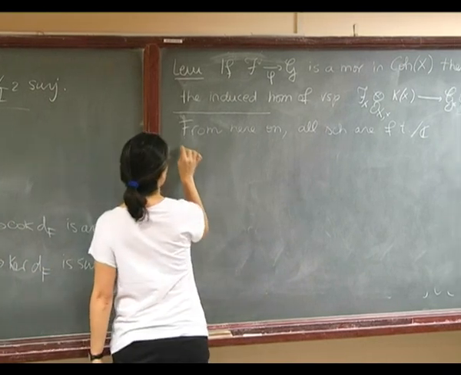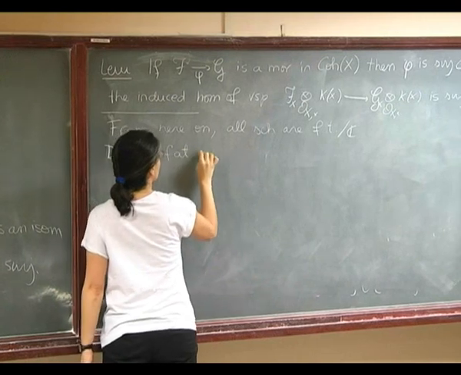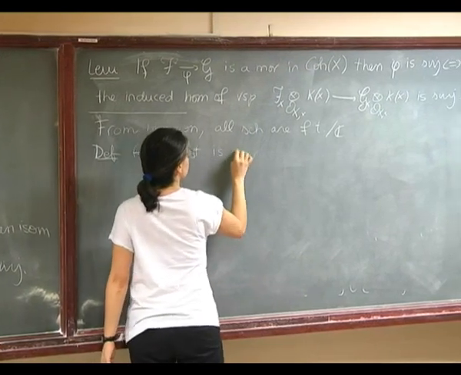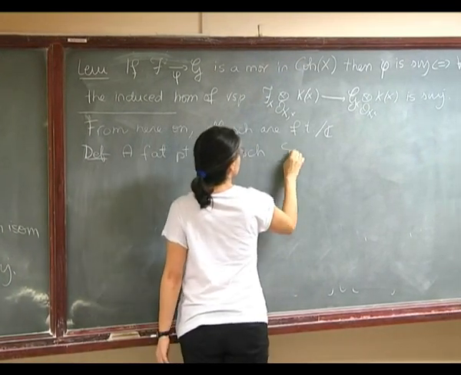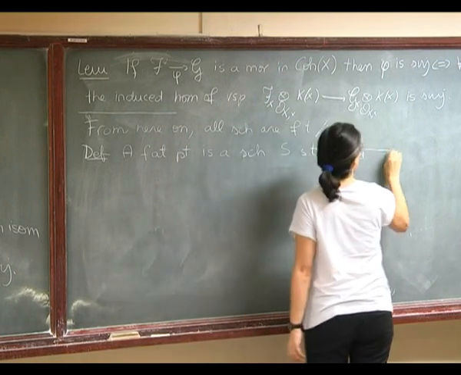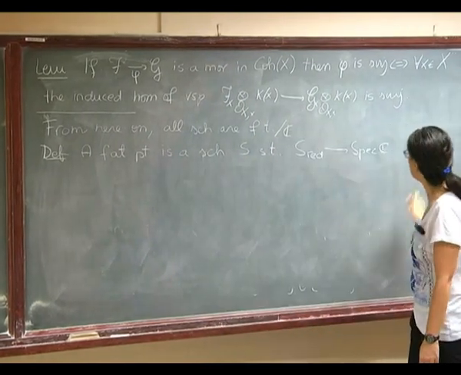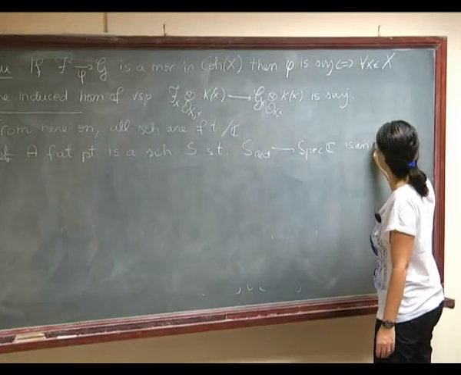So let me start by saying definition. A fat point is a scheme S such that if I take S red and I map it to Spec C, because it's after all a scheme over C, this is an isomorphism.